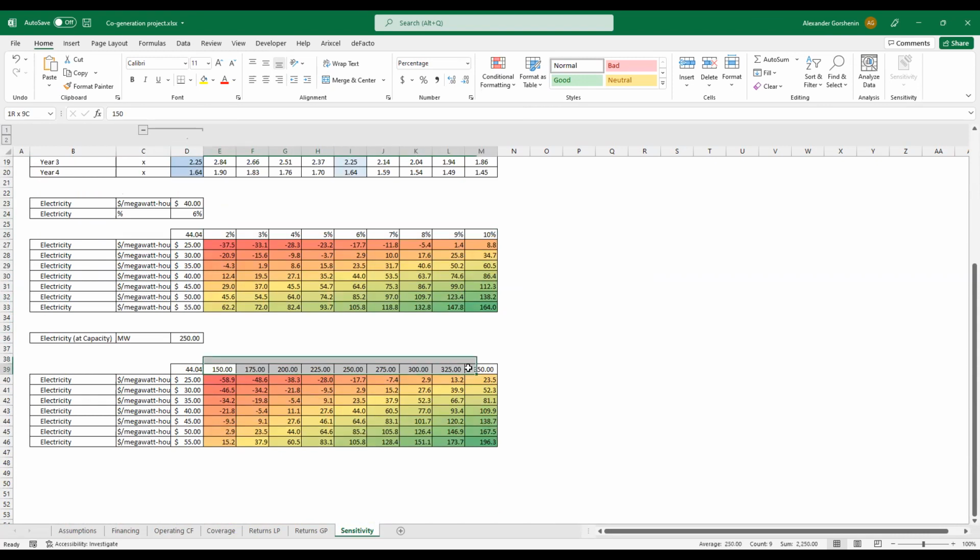So, for example, what would be the maximum output of the electric plant? You can see here that it can be easily done in Excel or other financial tools.